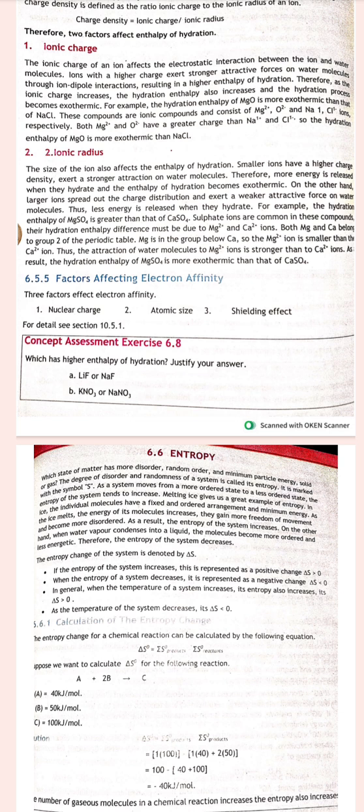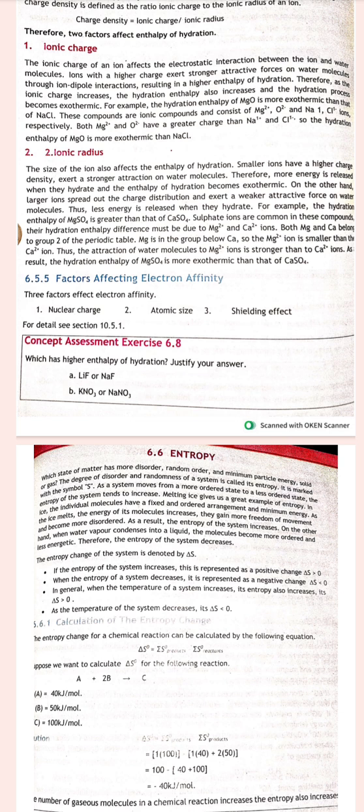Sulfate ions are common in these compounds. Their hydration enthalpy difference must be due to the magnesium and calcium ions. Both Mg and calcium belong to group 2 of the periodic table. Mg is in the group above calcium, so the Mg2 plus ion is smaller than the Ca2 plus ion. Thus, the attraction of water molecules to Mg2 plus ions is stronger than to calcium.